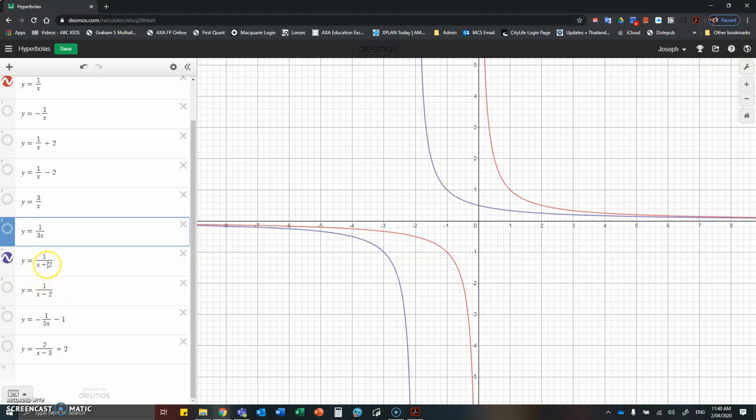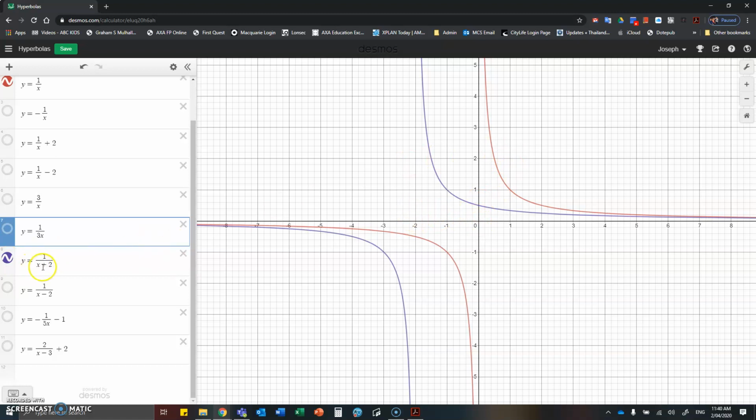So a plus 2, which sounds really weird in your head, shifts the graph towards the left 2 units. Okay, so here's 1 over x, and here's the hyperbola of 1 over x plus 2. And so x plus 2 would actually shift it left 2 units.